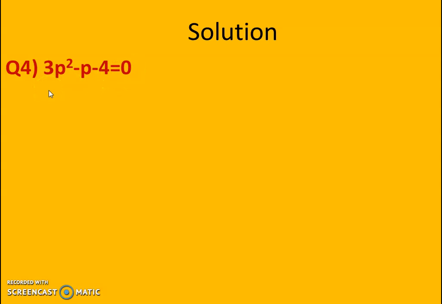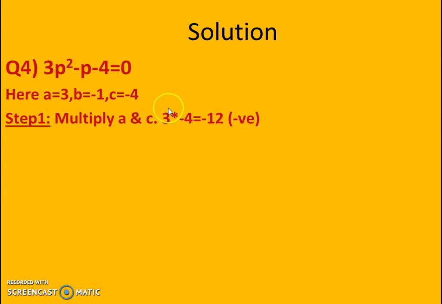Here value of a is 3 and value of b is -1 and value of c is -4. So the very first step, we need to multiply 3 and -4, and after multiplication we got -12, and this time we got negative number after multiplication. It means we need to divide this particular number in two parts so that one part must be negative, right?